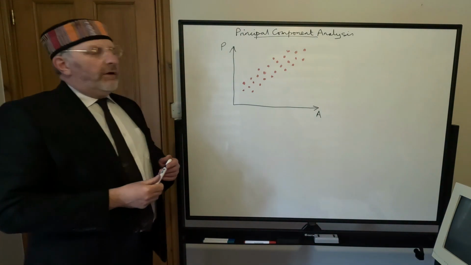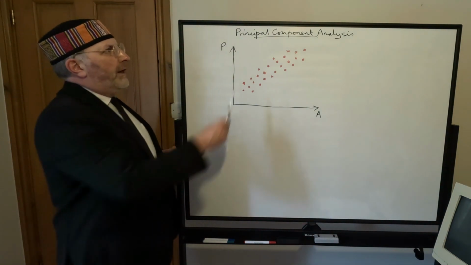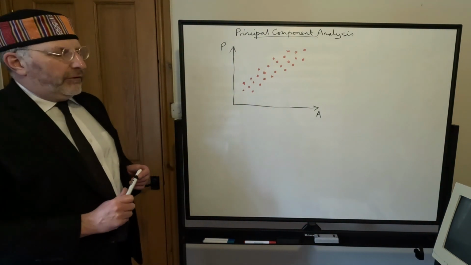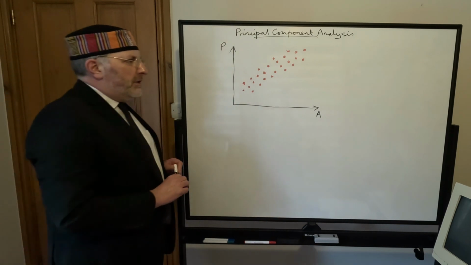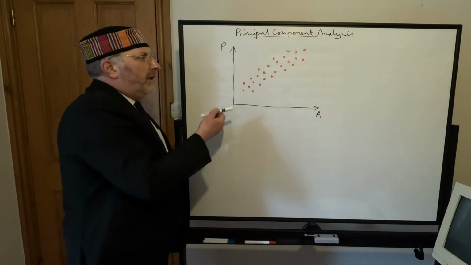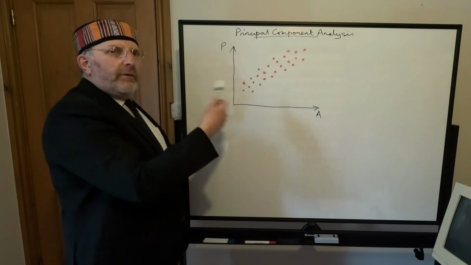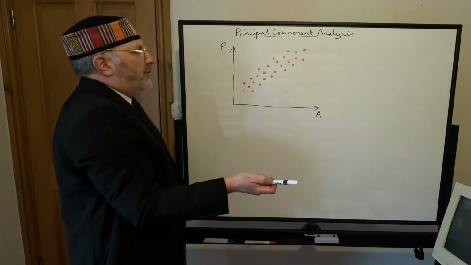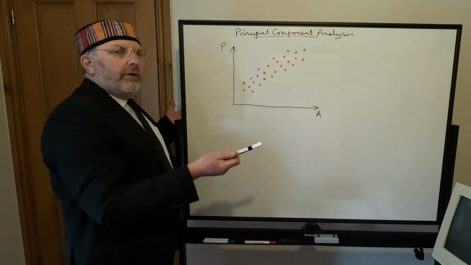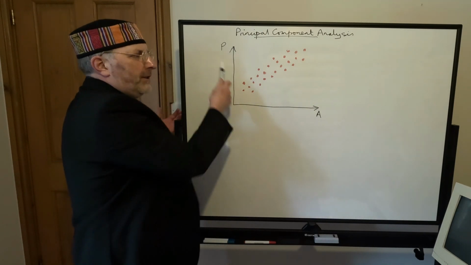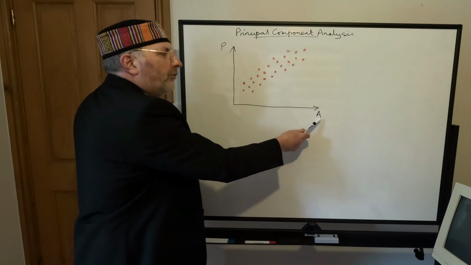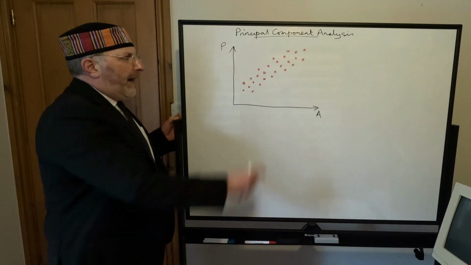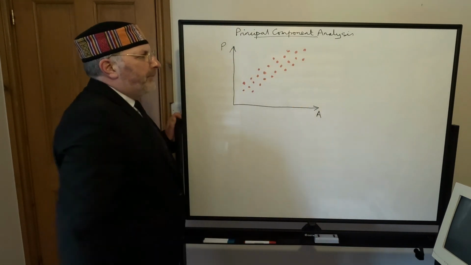Okay, so I said we'd start looking at the idea of principal component analysis, and as an illustration of that, I've taken this idea that we've looked at, we've done a survey of various societies, and we've characterized them in terms of their population and their territorial area, A. And we've got these points.